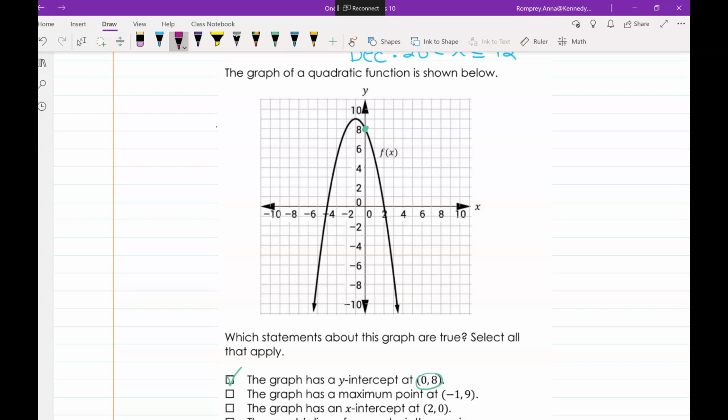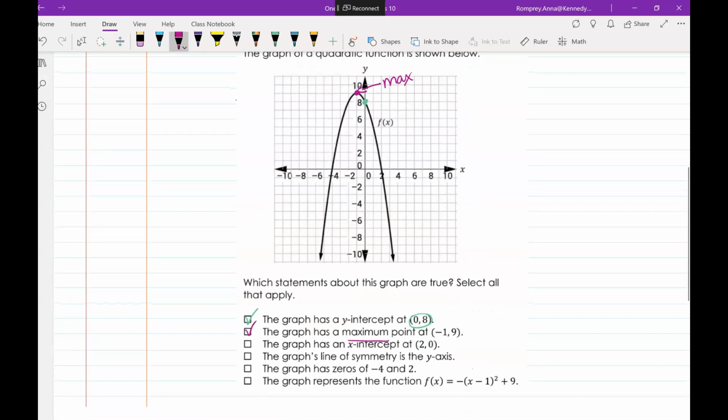The graph has a maximum point at negative 1, 9. There's our max. We're on a roll. All right, so the graph has an x-intercept at 2, 0. So 2, 0. That is an x-intercept. Yep. Wow. Are there going to be any wrong?